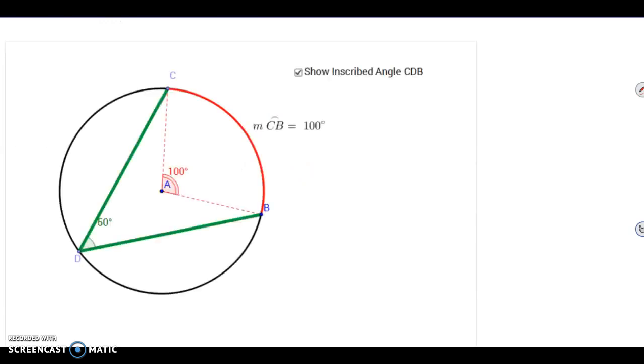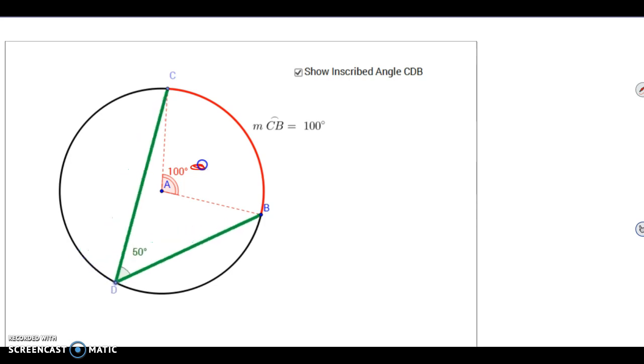So here's just a little drawing to give you a visualization of it. We got arc CB, that is this red one, that's 100 degrees. This angle A, where the 100 degree marker is right in here, that is the central angle. So like we talked about before, central angle and arc are always equal to each other. But angle D down here, this 50 degrees that I'm moving around, that is an inscribed angle because the vertex D is on the circle.